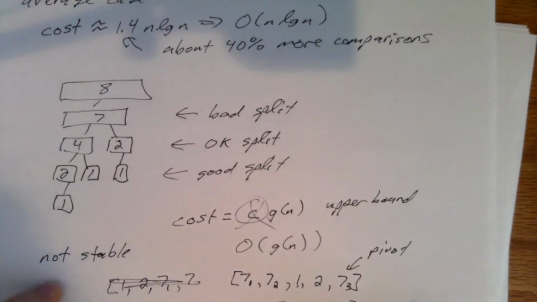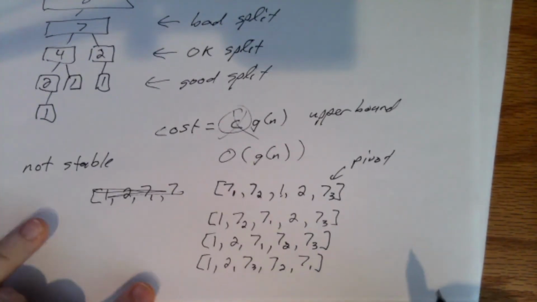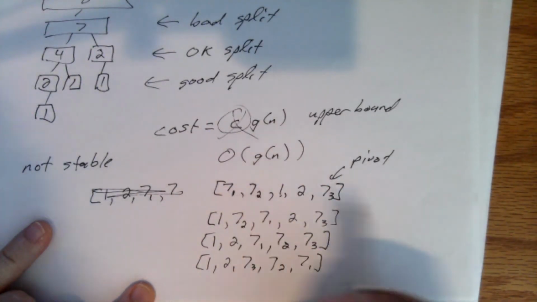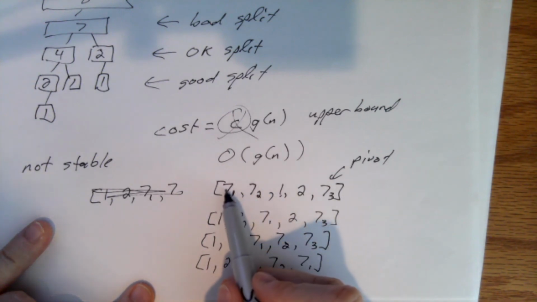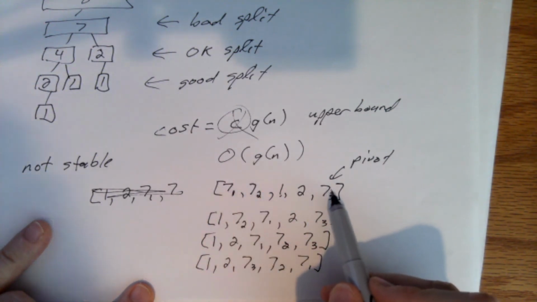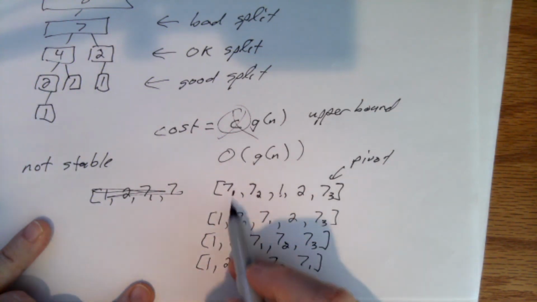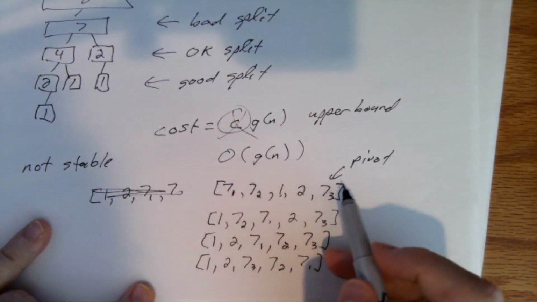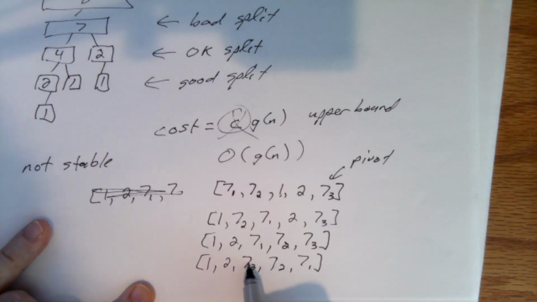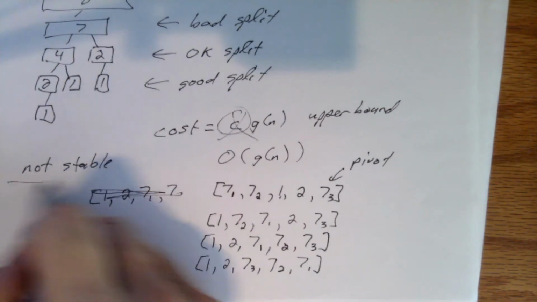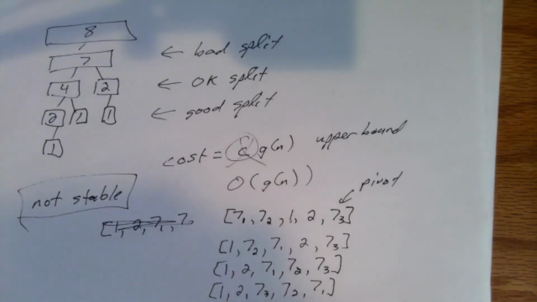If instead of these 7s, these had been names, and this had been Smith Alex, and this was Smith David. If you were sorting, you would want Smith Alex before Smith David if you're sorting by last name and subsorting by first name. But by doing this, now I've taken Smith David and put it before Smith Alex. So it's not stable. Okay? So that was the quicksort algorithm.